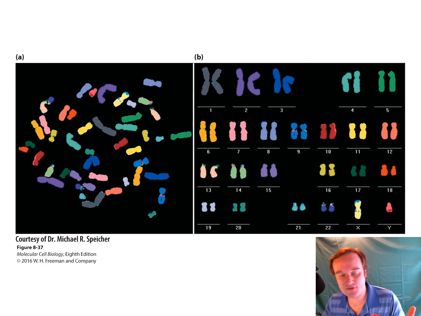So on the left, we have the full complement of chromosomes for a cell. And the way that we can identify each of these chromosomes is through fluorescent in situ hybridization, which is also known as FISH. And what these are is fluorescent dyes, or probes, that are specific to each chromosome.